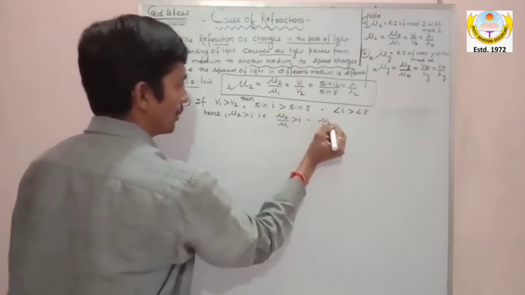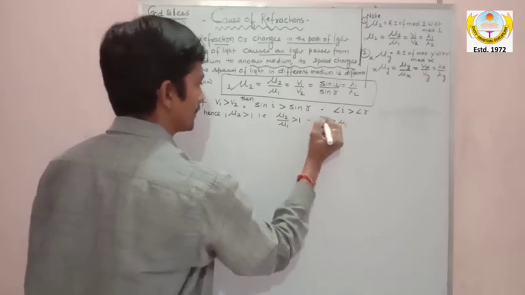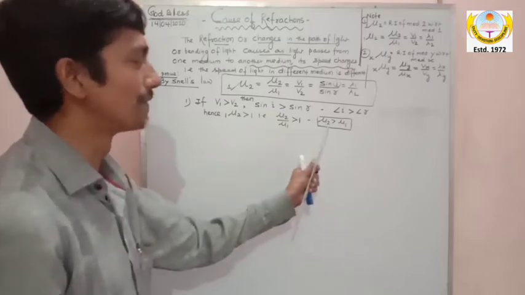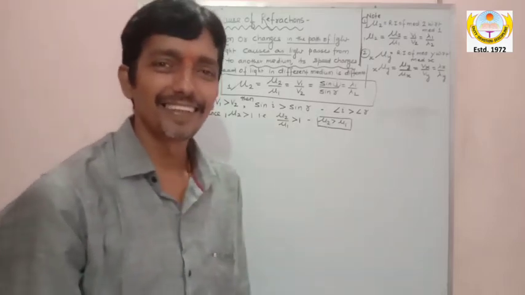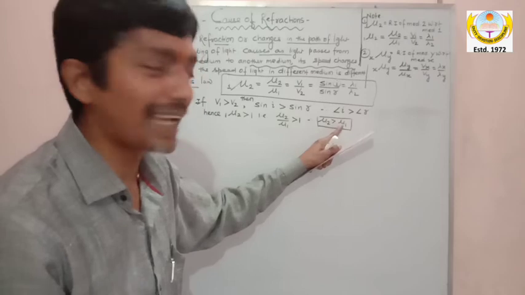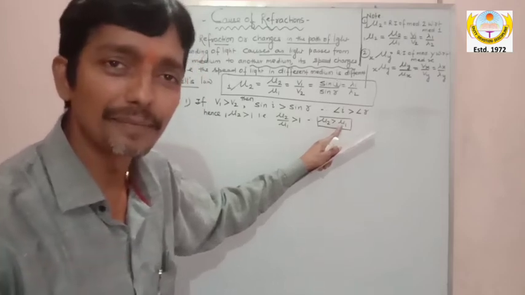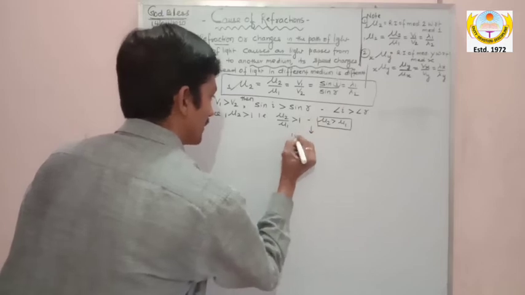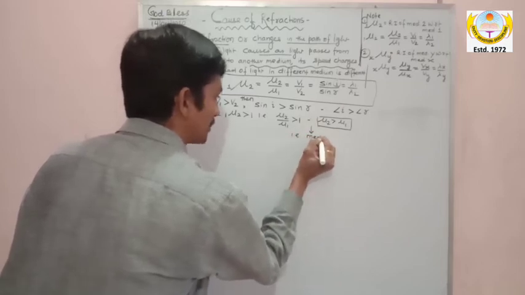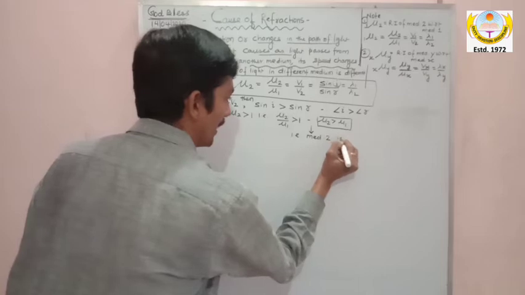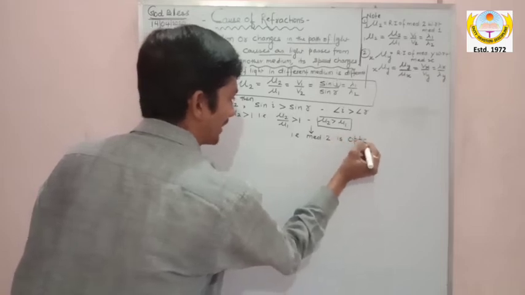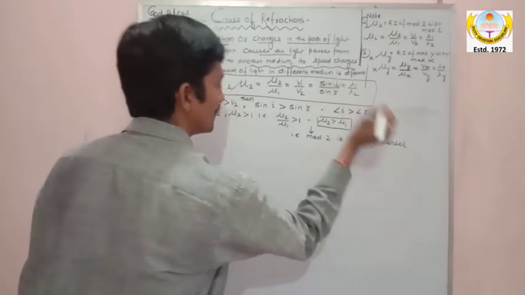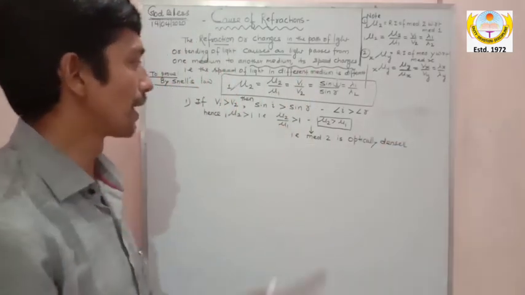Therefore, mu 2 is greater than mu 1. What is the meaning of this? Mu 2 is greater than mu 1. I proved it. That is, medium 2 is optically denser. You can see.